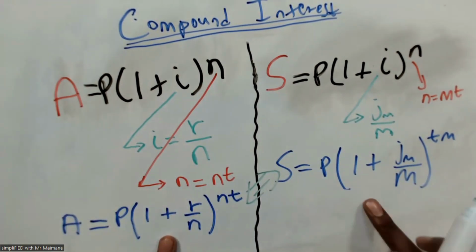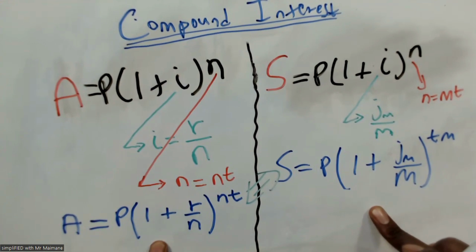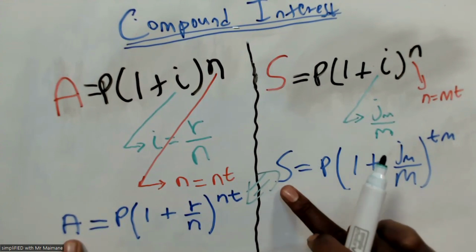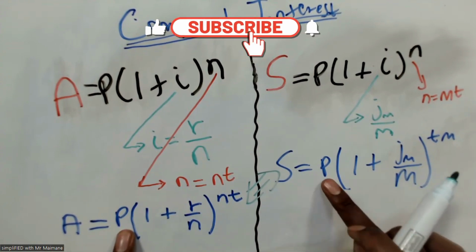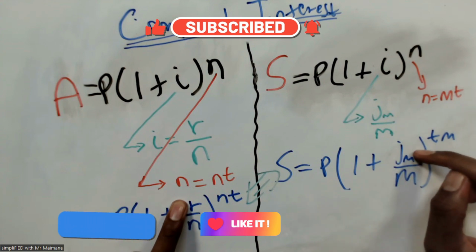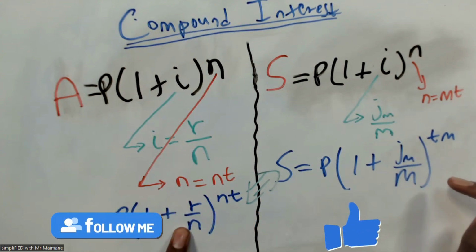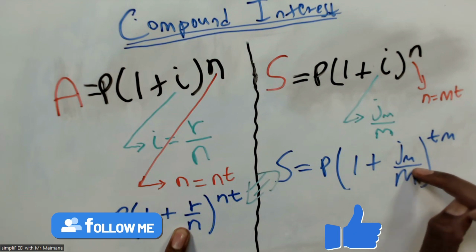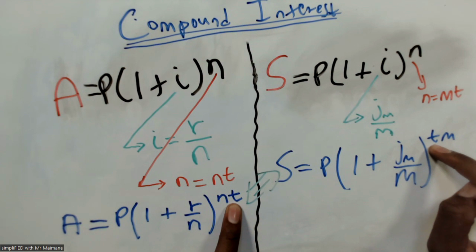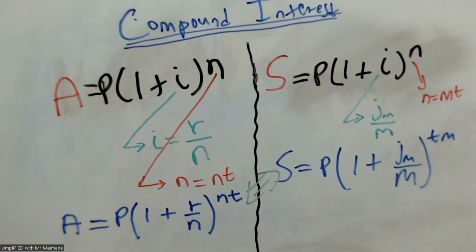This is the very same thing. I just use the notation that is normally used at university level, and this is the notation normally used at high school level. But these are the same formula. A and S represent the same thing. P is the present value as usual. R is your interest rate. Even j_m here is your interest rate. n here is the compounding period. m here is the compounding period. t is the term or the time. If an investment is compounded yearly, m would be 1.